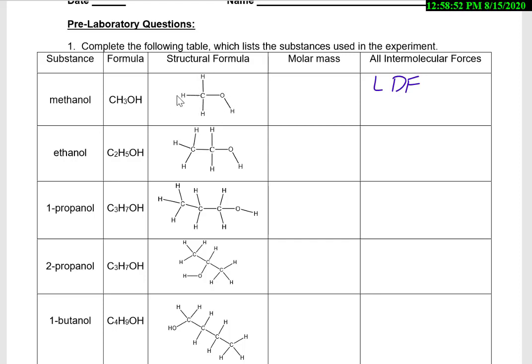Therefore, it is a polar molecule. So that means it also has dipole-dipole forces. And then it also has an oxygen directly attached to a hydrogen, which is the one criteria for hydrogen bonding. So it also has hydrogen bonding.